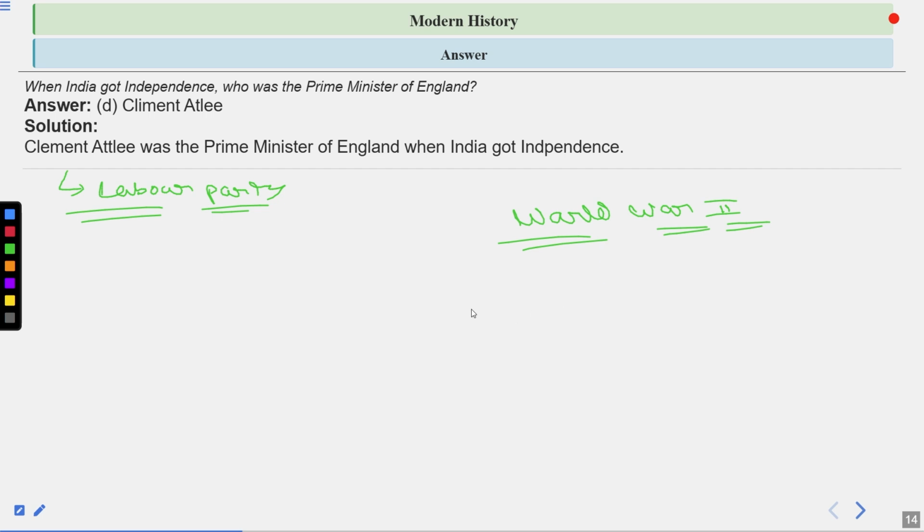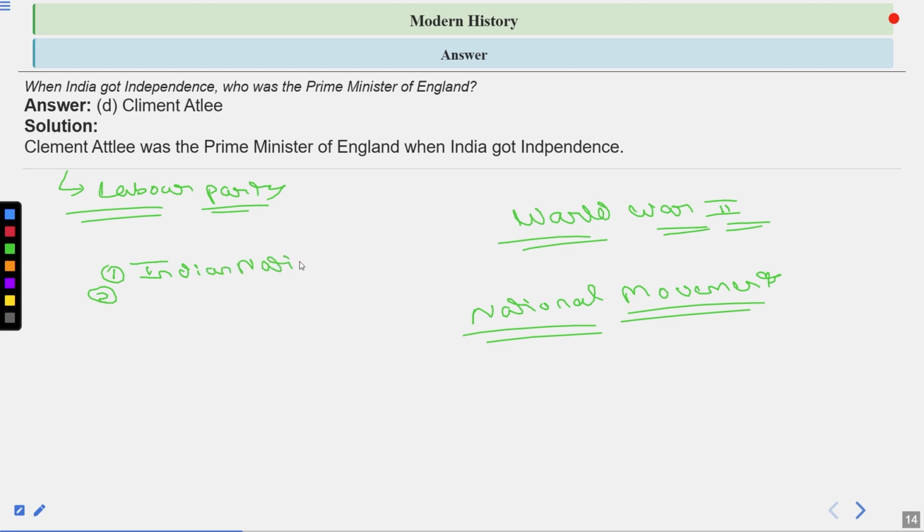Secondly, the Indian national movements during the Second World War had contributed to creating a picture in the minds of the Britishers that they were unable to hold India for long, especially events like the formation of the Indian National Army and the Indian Navy mutiny.